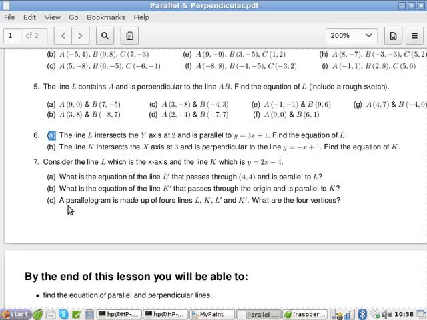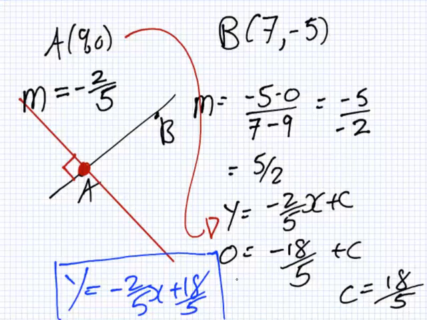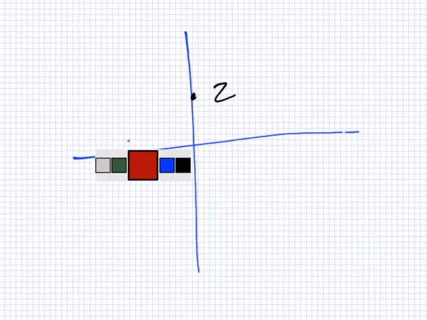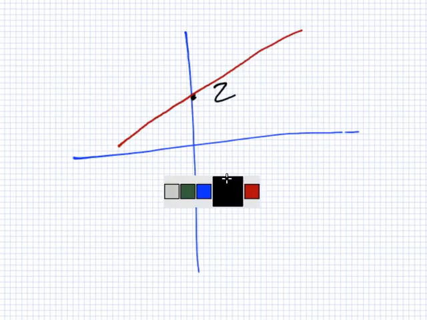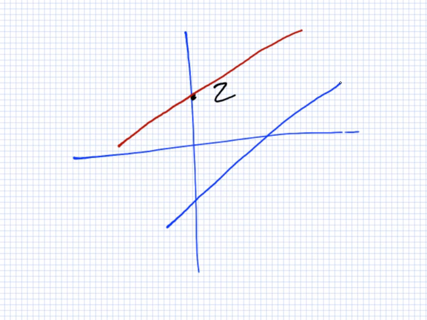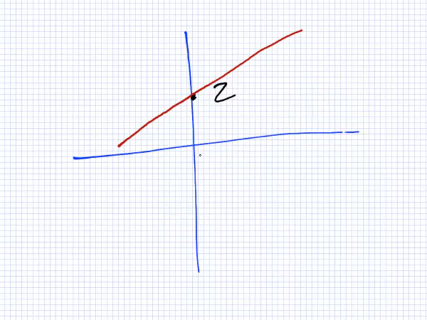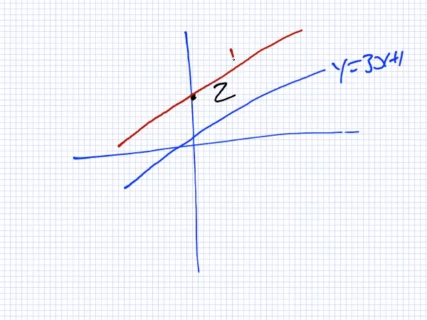Let's have a look. Right, so what I have here, where does it cross the y-axis? At 2. So here's the line here. And I also say it's parallel to this line, y equals 3x plus 1. So what's the slope here? 3.